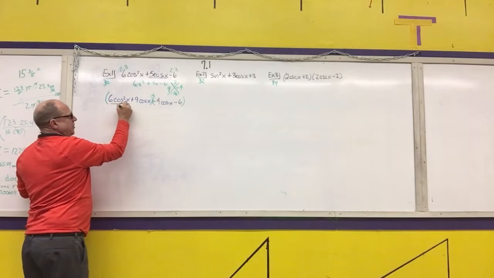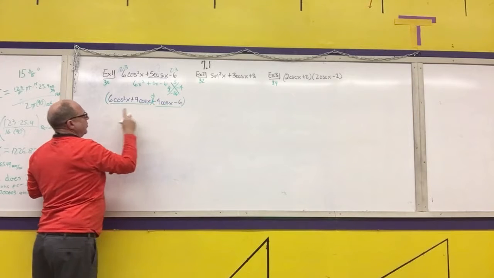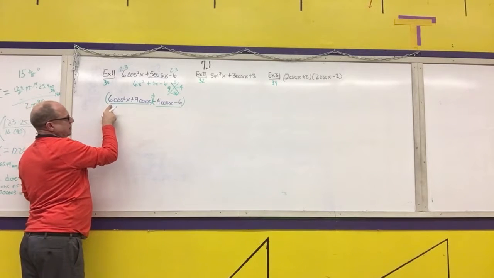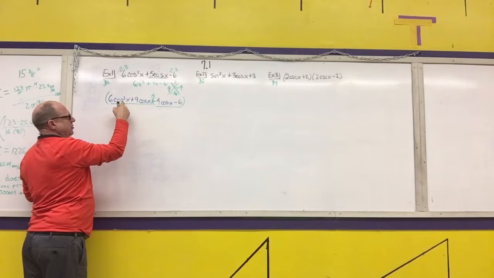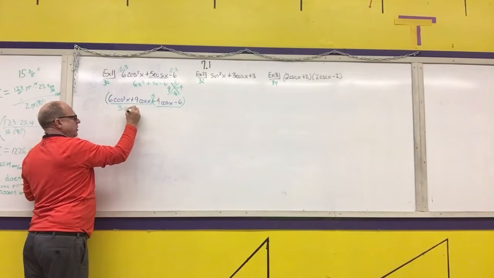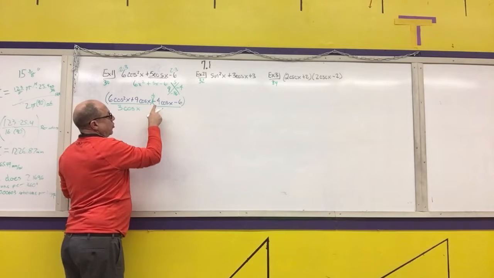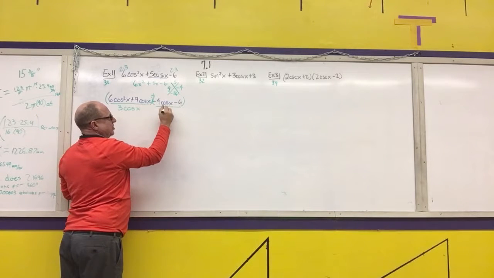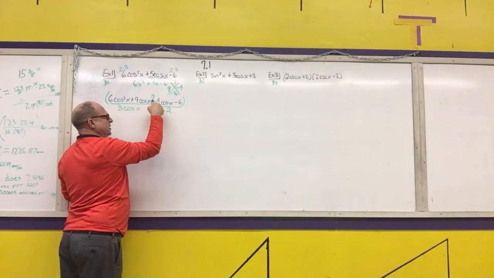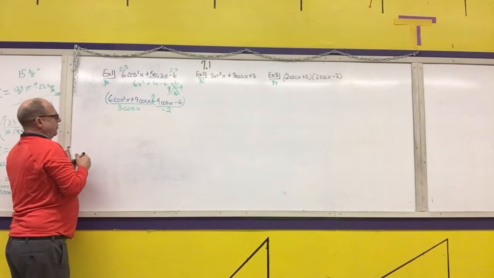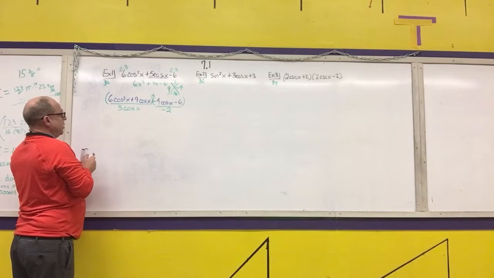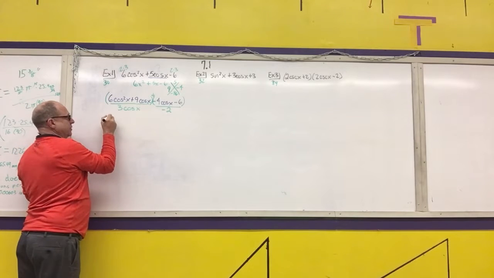Factor out the greatest common factor of each group. Greatest common factor between 6 and 9 is 3. Greatest common factor between cosine and cosine squared is cosine x. Greatest common factor between 4 and 6 is 2, but because the first term is negative, I'm going to make it a negative 2. So my first term is just copying these two down in parentheses.